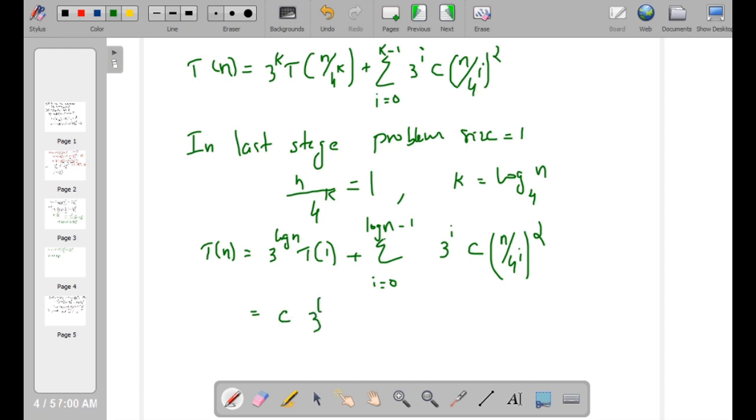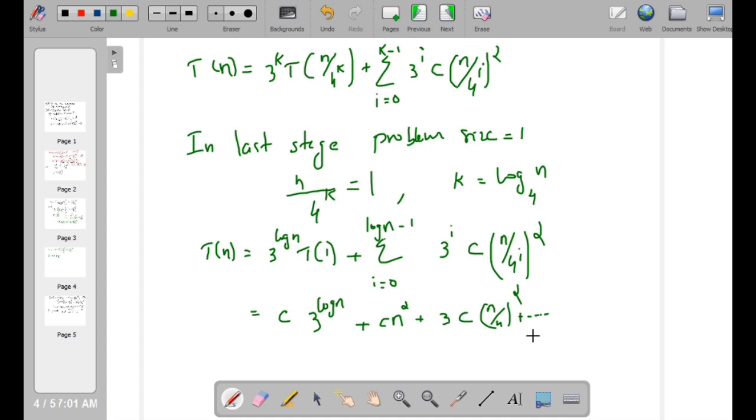So I can write it as c into 3 raised to log n to the base 4 plus cn square plus 3c n by 4 whole square plus, what will be the last term, when k equal to log n minus 1, this will become 3 raised to log n minus 1 c into n by 4 raised to log n minus 1 whole square.